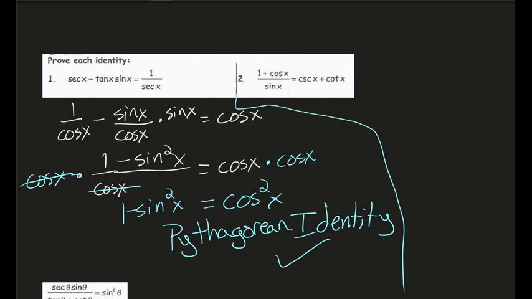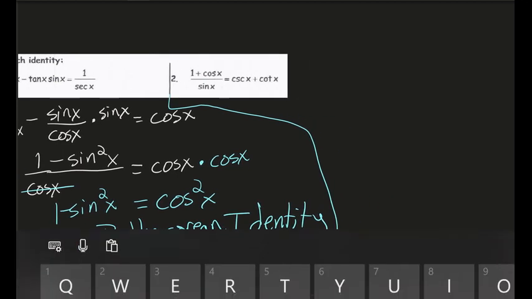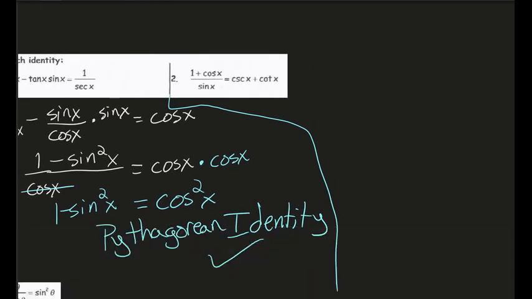For this second one, we're going to work with just the right side and get that to be equal to the left side. So here we'll write RHS, or right side. This is right-hand side. And we're just going to try and get that to look like this, 1 plus cosine of x divided by sine of x. So, first thing I want to do, we have cosecant of x plus cotangent of x, is rewrite everything in terms of sine and cosine.